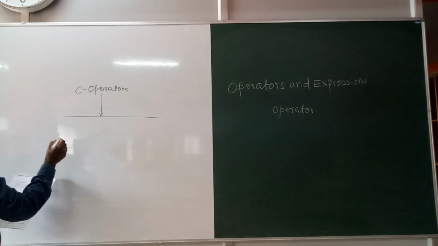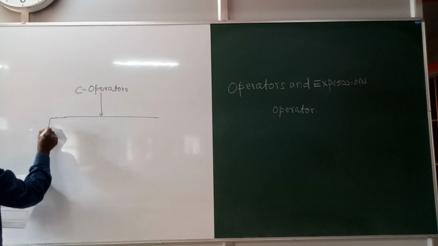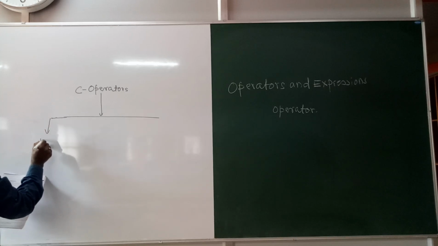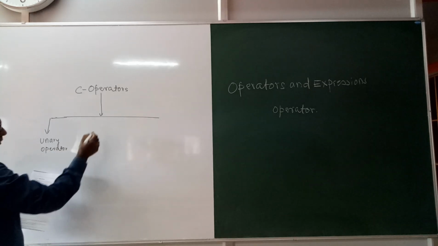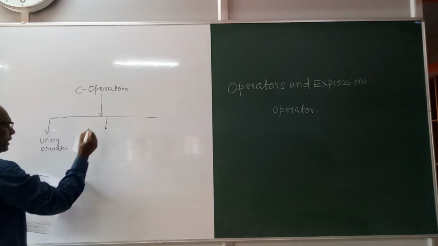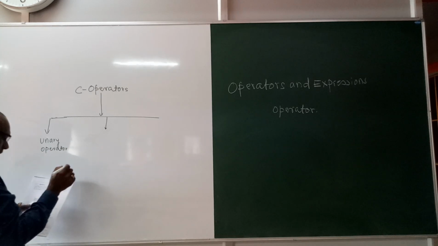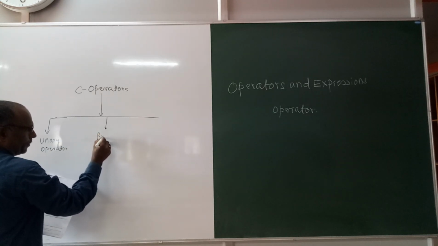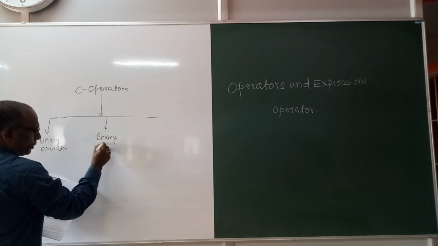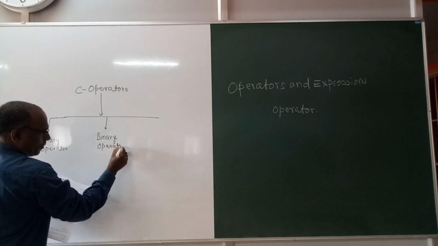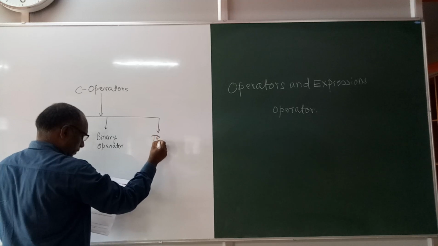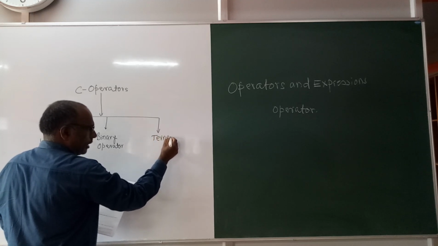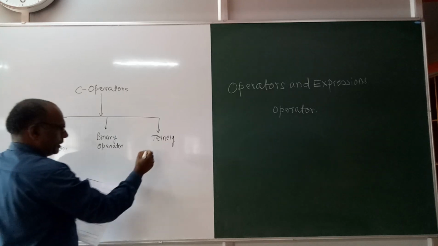The first one is unary, U-N-A-R-Y, unary operator, which is 1. Then we have binary. Binary means 2, unary means 1. Binary operator, and then ternary, T-E-R-N-A-R-Y, operator.